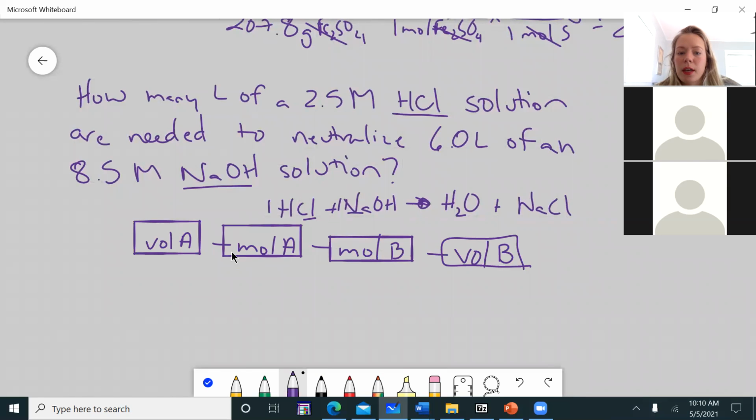How do we get from volume of A into moles of A? We use the molarity of A. Here we use the coefficients from the balanced equation.